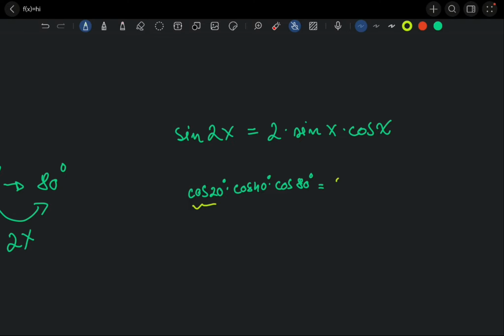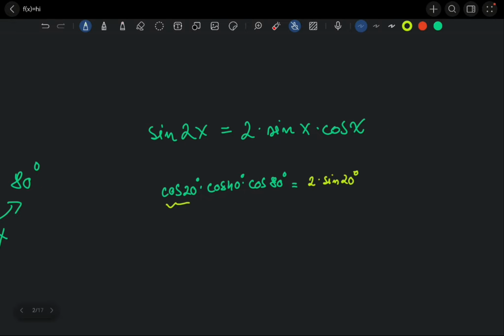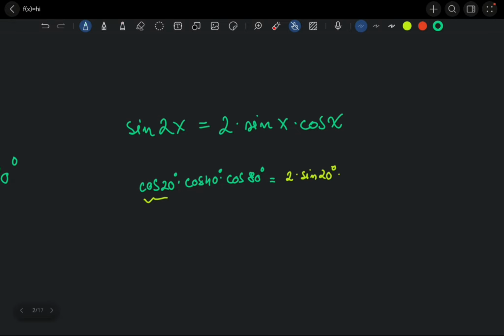So 2 times sine of 20 times, and the rest remains the same, cosine of 20 degrees times cosine of 40 degrees times cosine of 80 degrees. And all of this is over 2 times sine of 20 degrees.